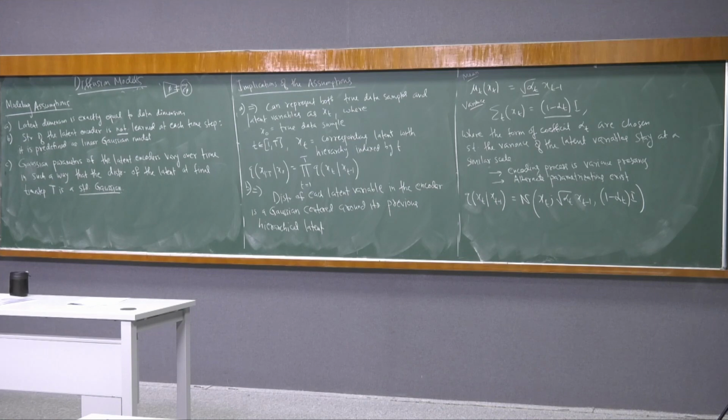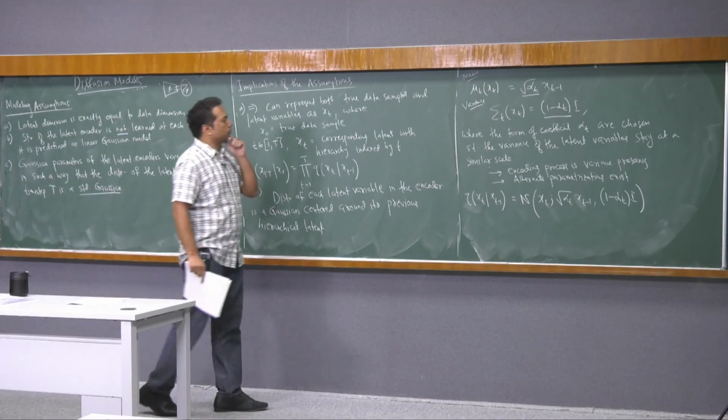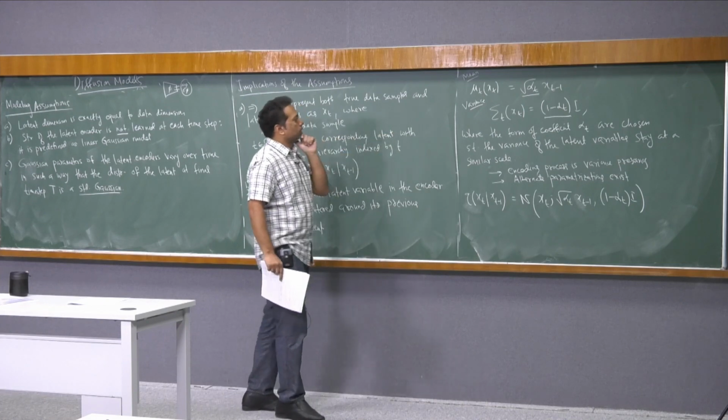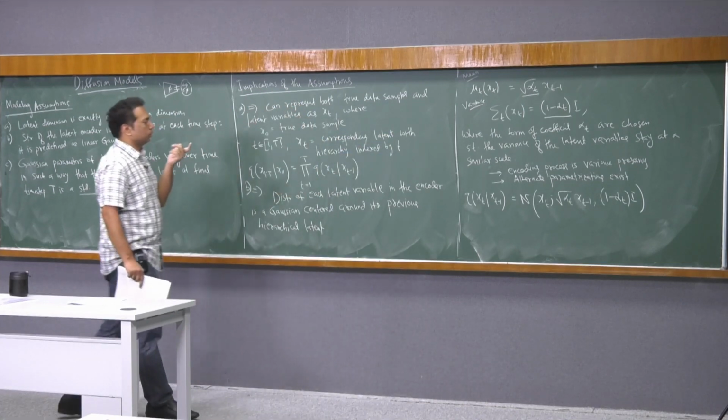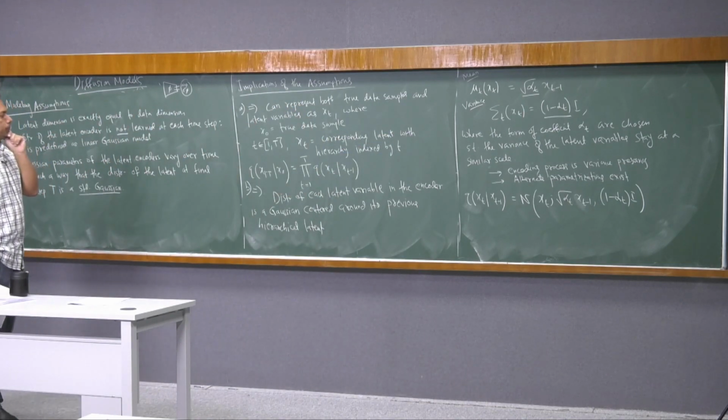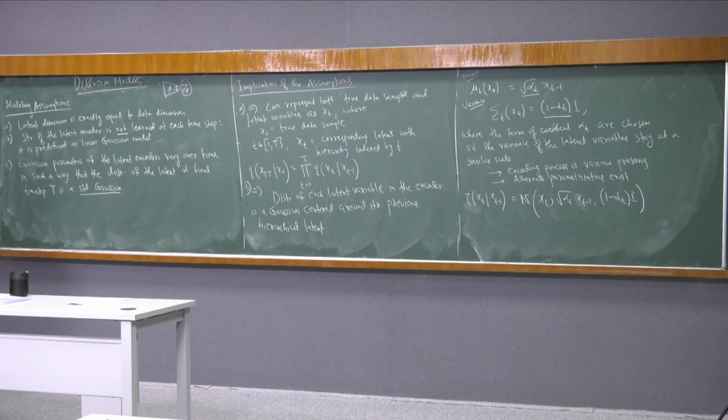In other words, the way you choose these coefficients alpha should be such that you get a purely standard normal distribution. So the choice of alpha t is going to be important.